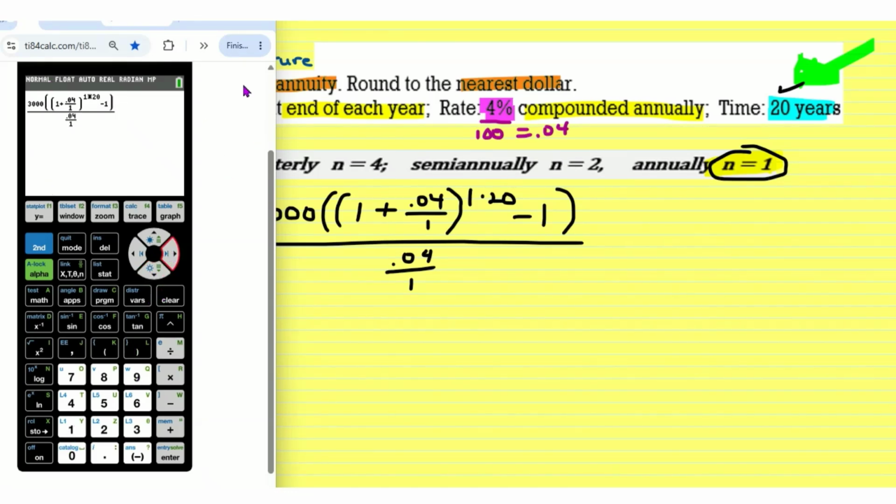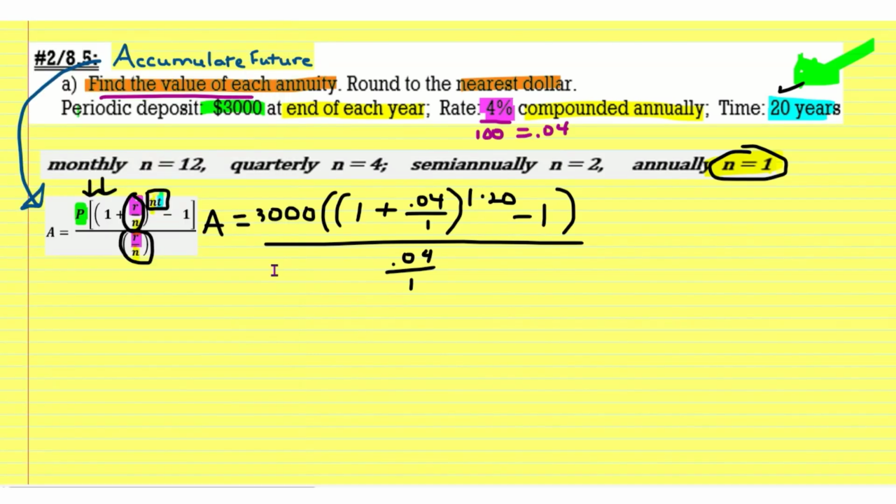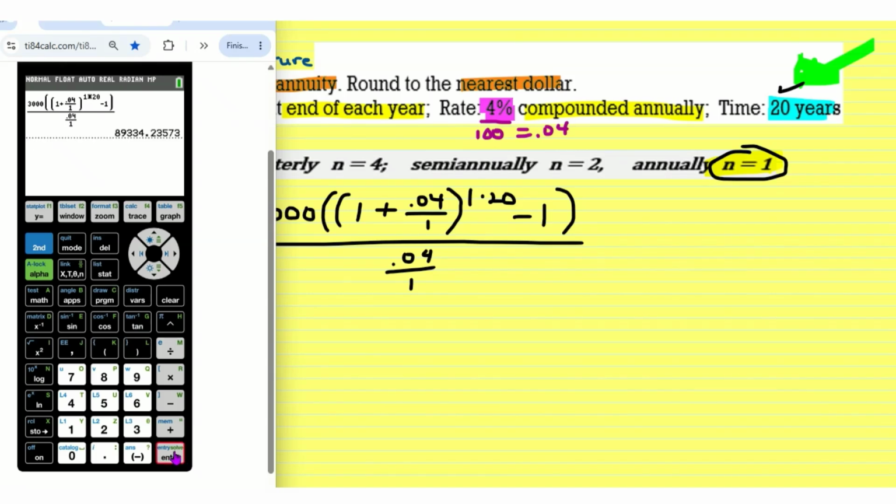And so everything should be set up exactly the way I need it. It should look exactly like my formula here. Yep, there's my formula. And then I can just push enter, and it gives me an answer of 89,334.235. This says to round to the nearest dollar.